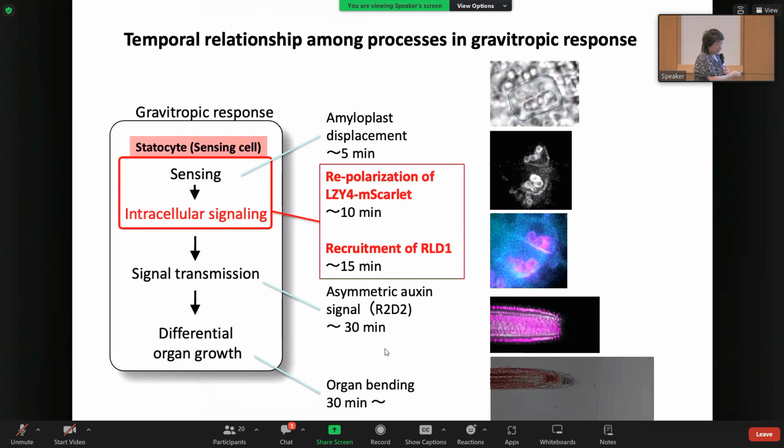These events were observed prior to the formation of the asymmetric auxin signal, indicating that repolarization of LZY and RLD is an important event in the gravity signaling process.